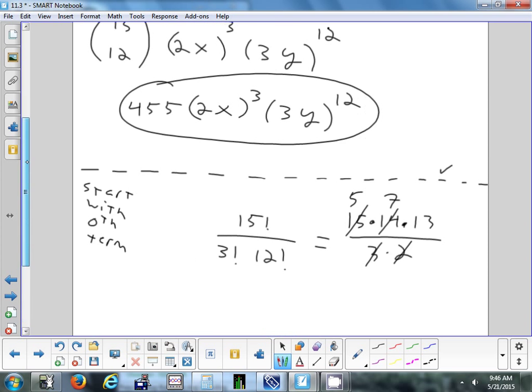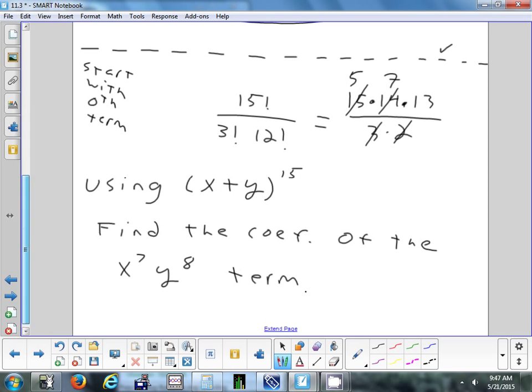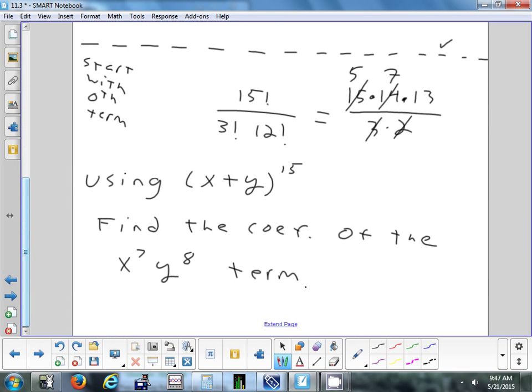Okay, in fact, I'll make it even simpler. So let's look at x plus y to the 15th. I took off the 2, I took off the 3, I'm just making it simpler. So in this binomial, x plus y to the 15th, find the coefficient of this term.